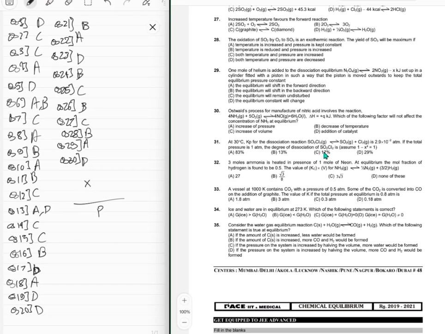So x times p is the partial pressure, and the same for Cl2. It's like x squared times p is approximately your Kp. Where is question number 31, right? So your Kp is 2.9 times 10 to the power negative 2.